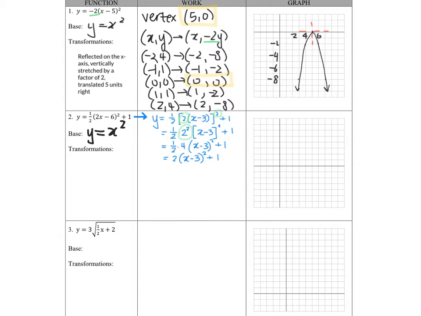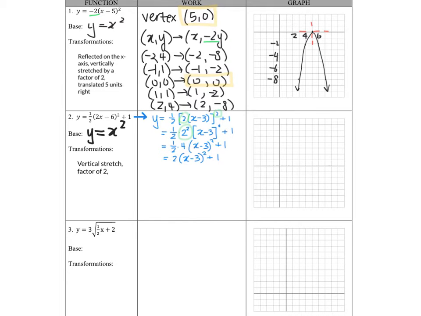What this means is instead of having originally a vertical compression and a horizontal compression, both by the factor of 1 over 2, we now simply have a vertical stretch by a factor of 2.